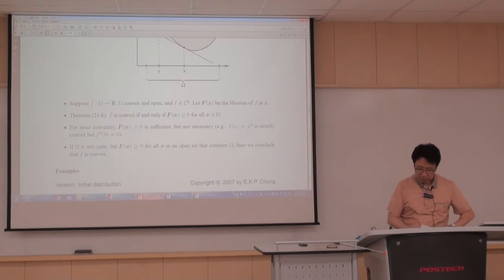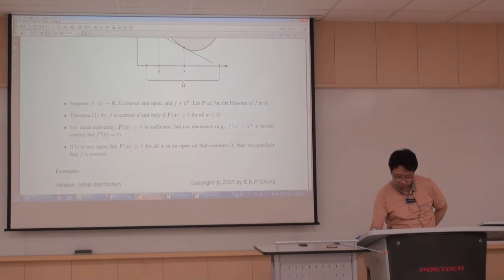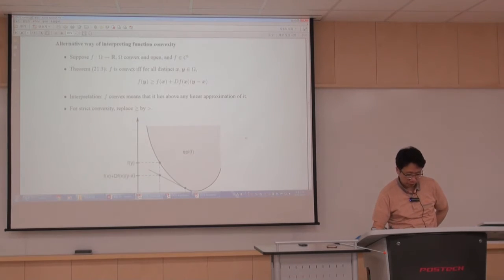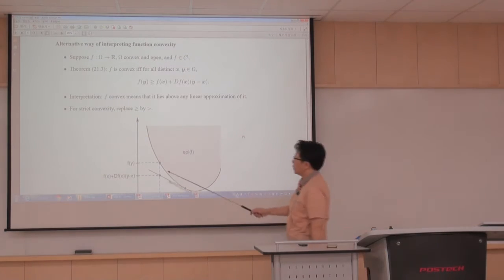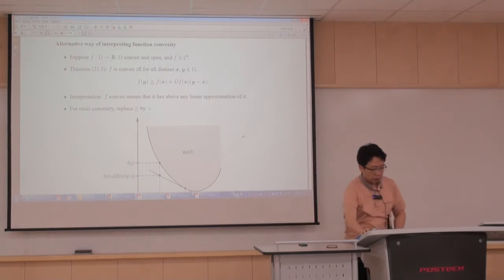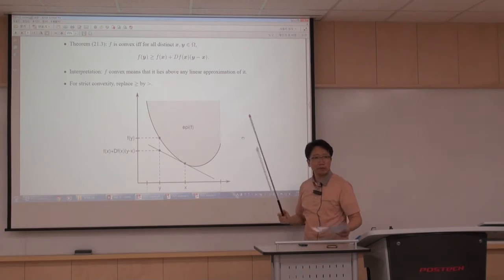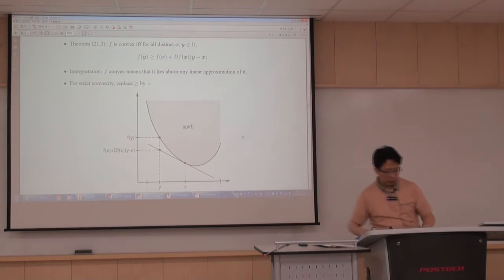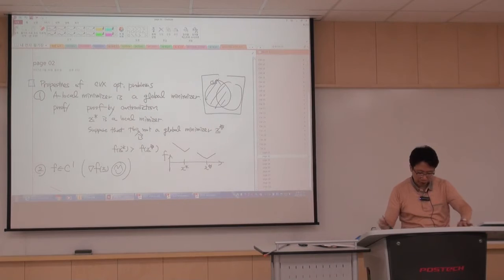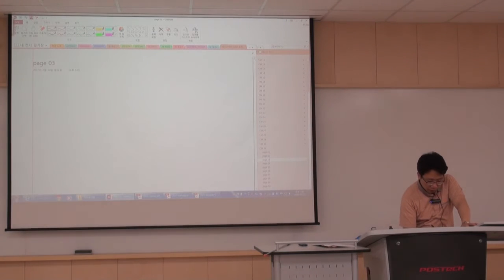So let's see. This is what I just told you. This curve is a graph. You know what is a graph given a function? Okay, let me remind you, because some of you may have forgotten the definition. Function and its graph.